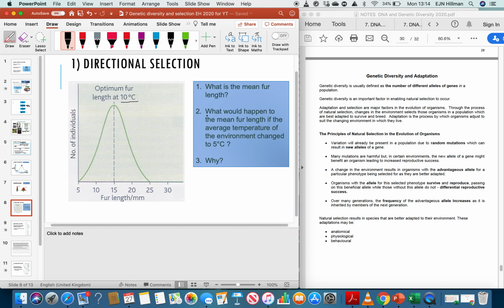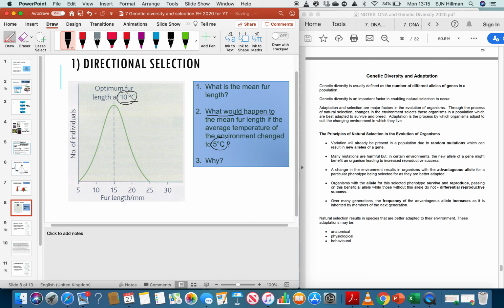The second question asks you to predict what would happen to the mean fur length if the average temperature of the environment changed to 5 degrees. So here it's 10 degrees. What would happen if it changed to 5 degrees?